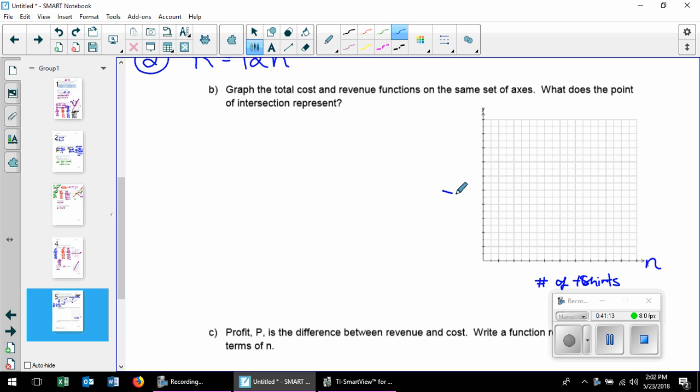And over here, this is going to be two different things: cost and revenue, but they're all measured in dollars, right? So when I do a table of values, David, I'm picking on you. Should I go up by ones?